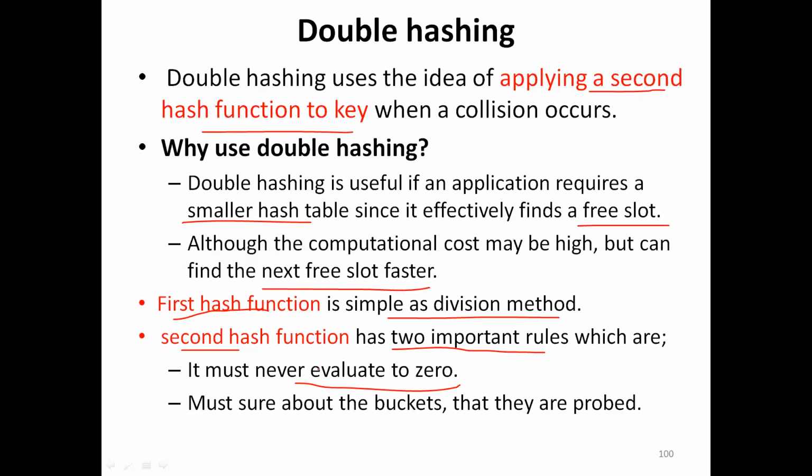That is the reason the two important things we have to check when designing the second hash function are that it should not evaluate to 0, and that it should be sure about the buckets that it probes.